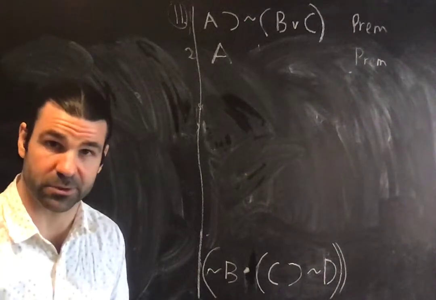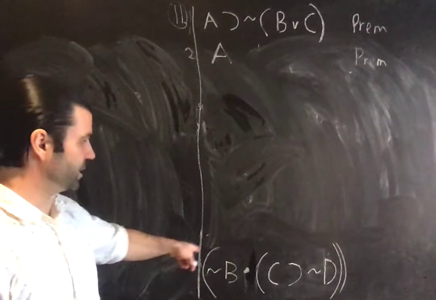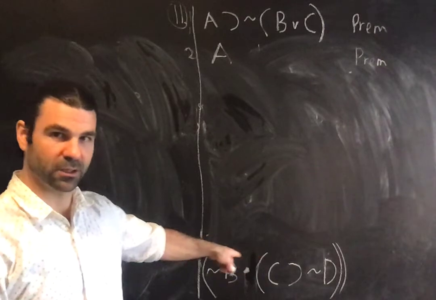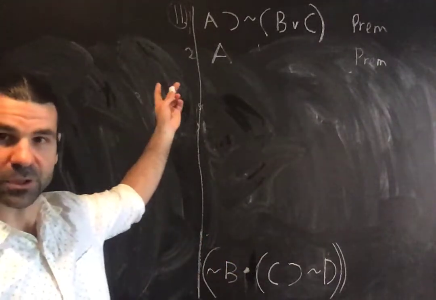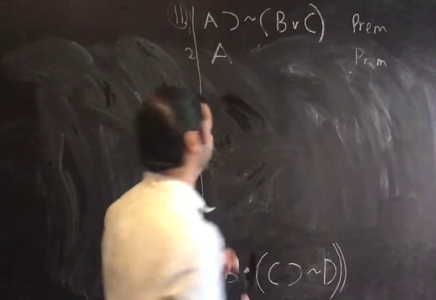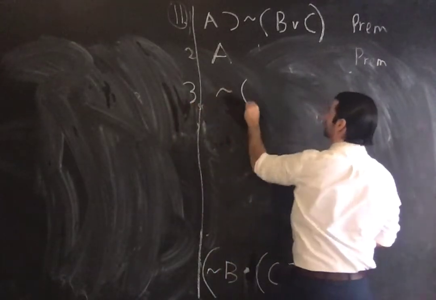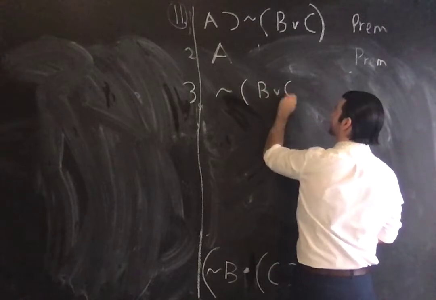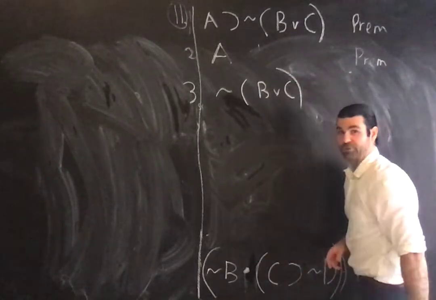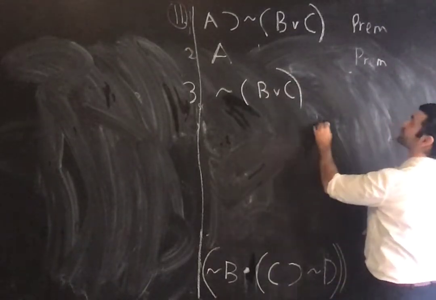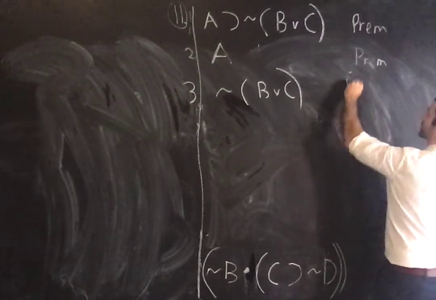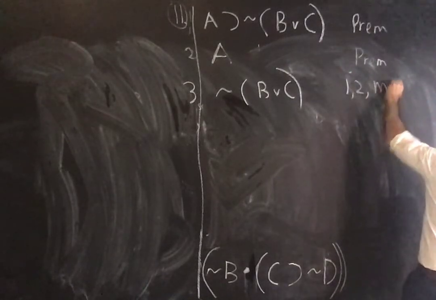Let's notice something else about the conclusion. You've got not B, you've got a C, and a not D. Look at the premises. There's a very obvious modus ponens waiting to happen, so let me go ahead and do that. Not B or C, I've derived the smiley face emoticon, from 1, 2, modus ponens.